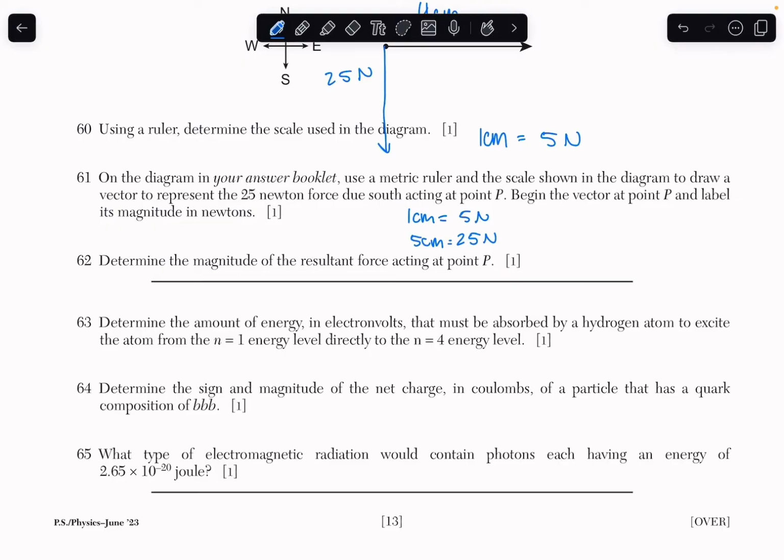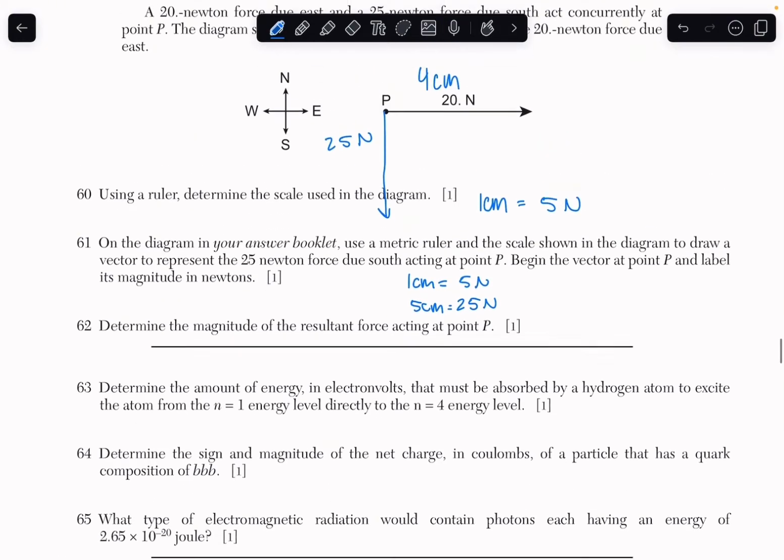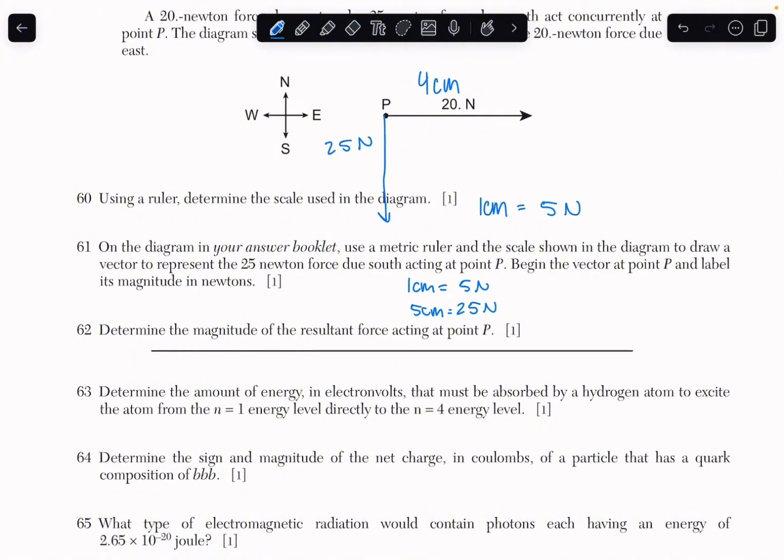62. Determine the magnitude of the resultant force acting at point P. To find the resultant force, this is pretty easy, because it's giving us 2 vectors acting at a right angle, meaning we can use the Pythagorean theorem. So, a squared plus b squared equals c squared. Our a and b are 20 newtons and 25 newtons.